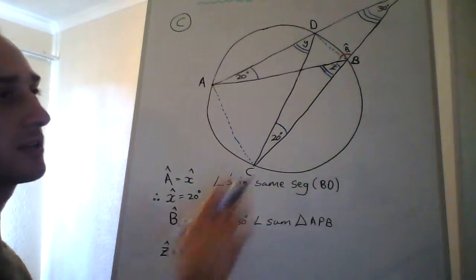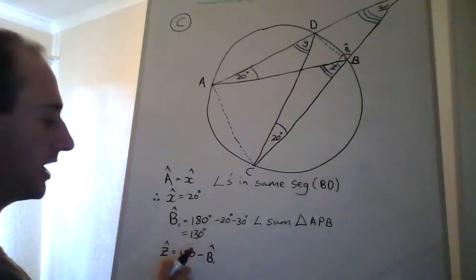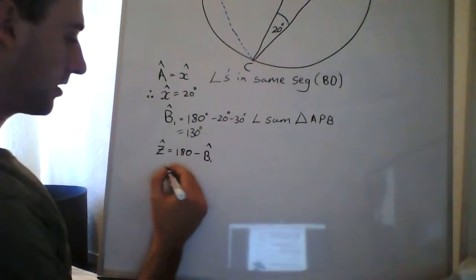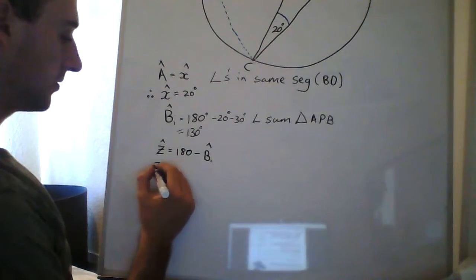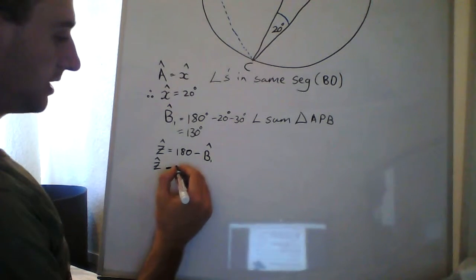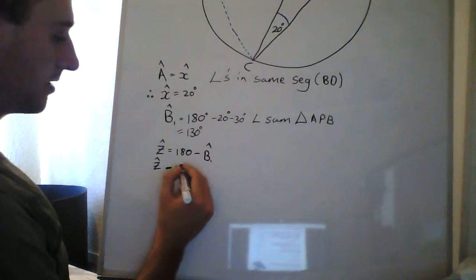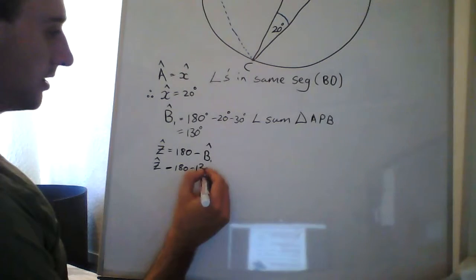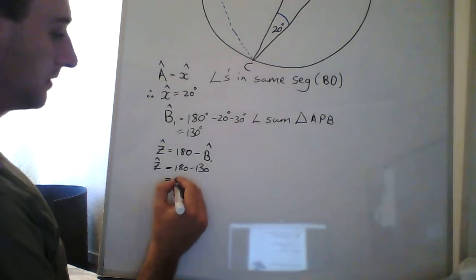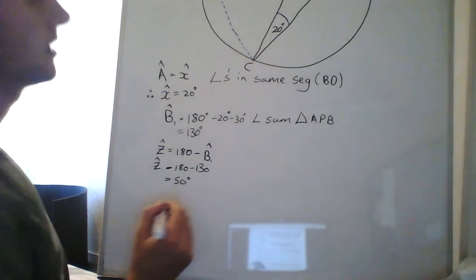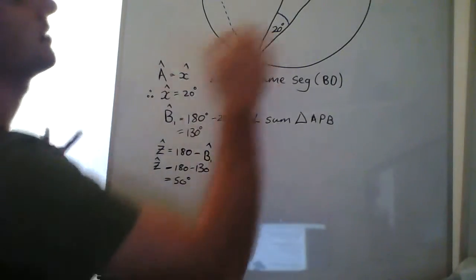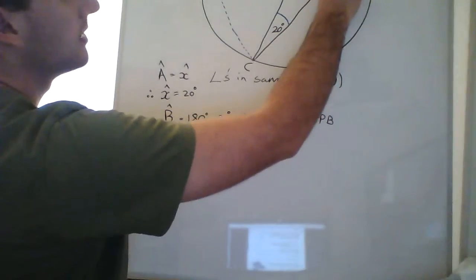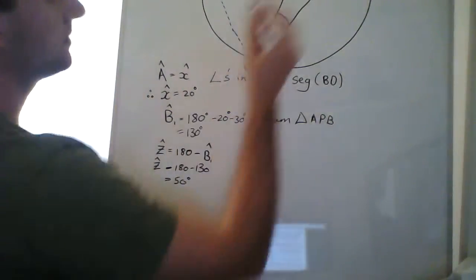And we know that angles along a straight line always add up to 180 degrees, which we have at the bottom here. And so from that, we are going to say that Z, or angle Z, must equal 180 minus 130, so it must equal 50 degrees. Okay. And that's really nice now. So we have Z equals 50 degrees.